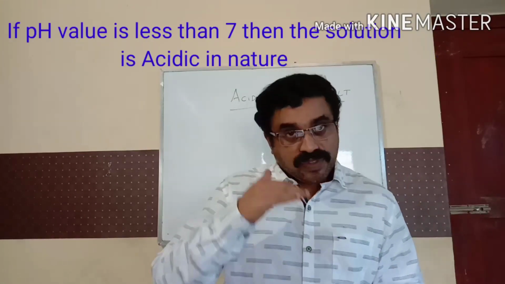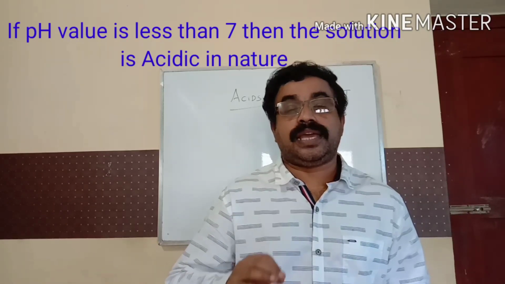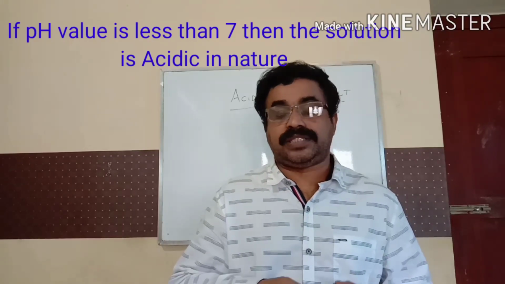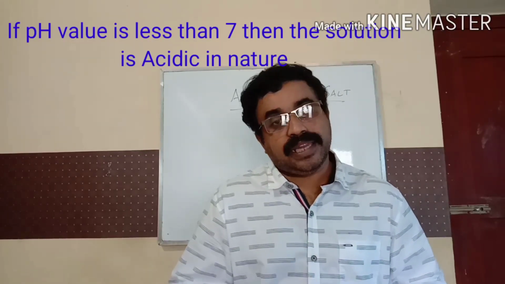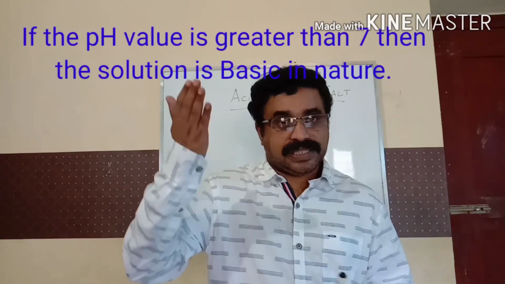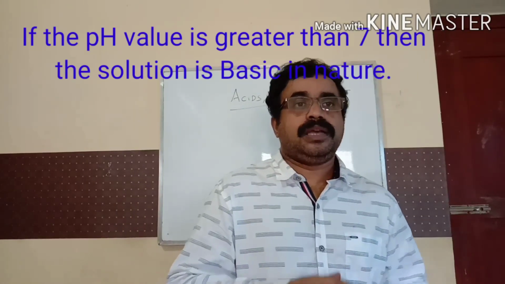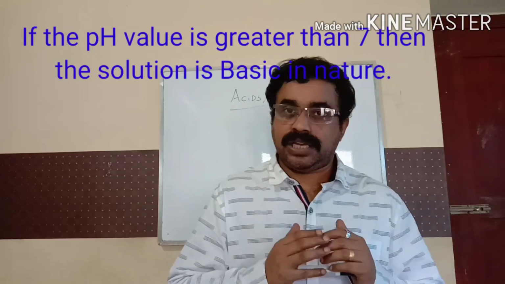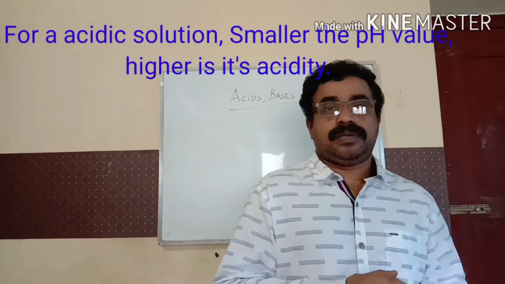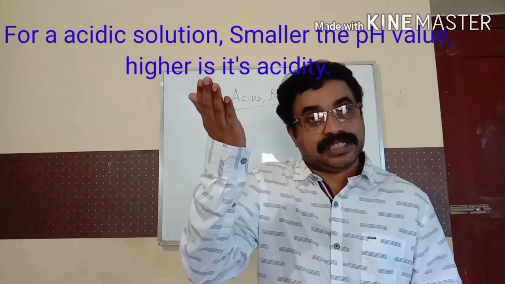If the pH value is less than 7, we say it is an acidic solution. And if the pH value is greater than 7, then we say it is a basic solution. For an acidic solution, the smaller the pH value, the higher its acidity.